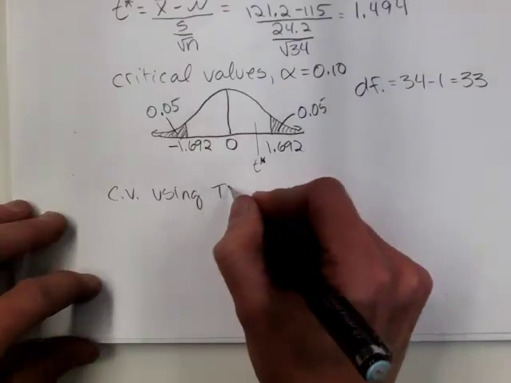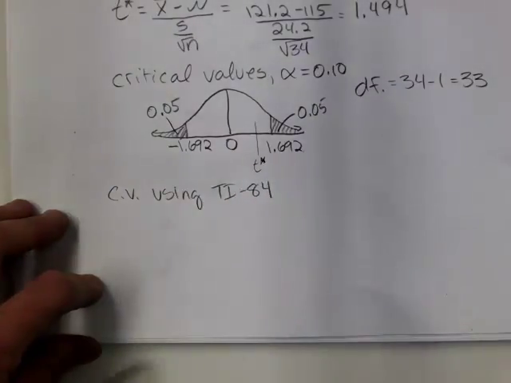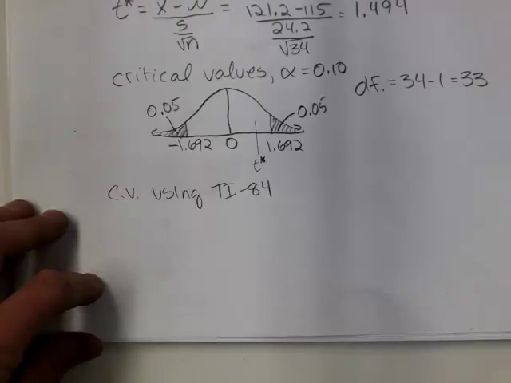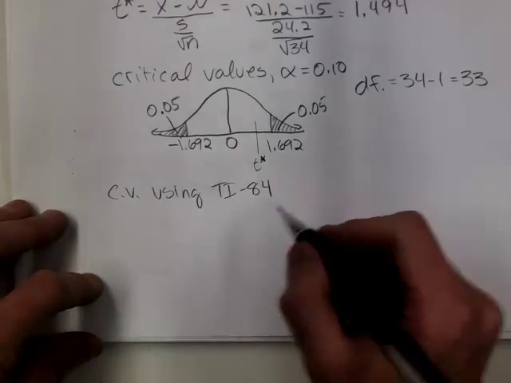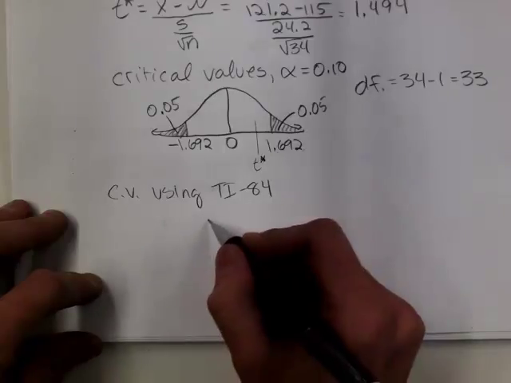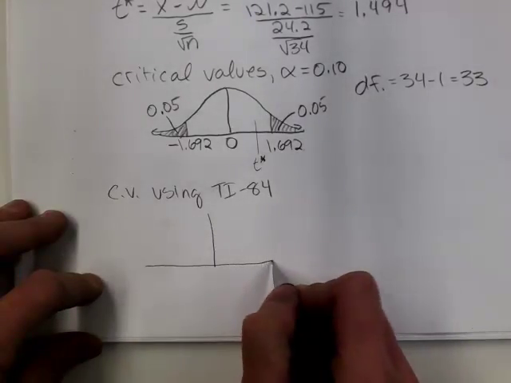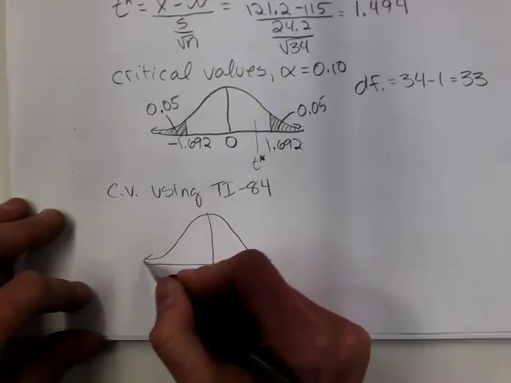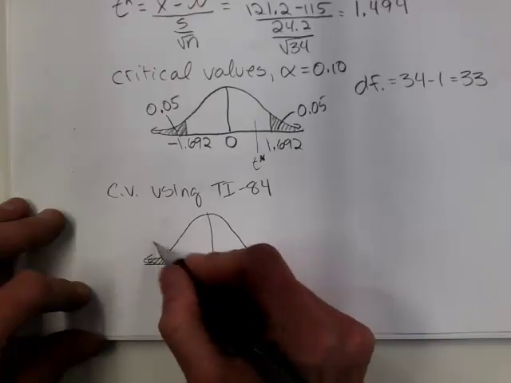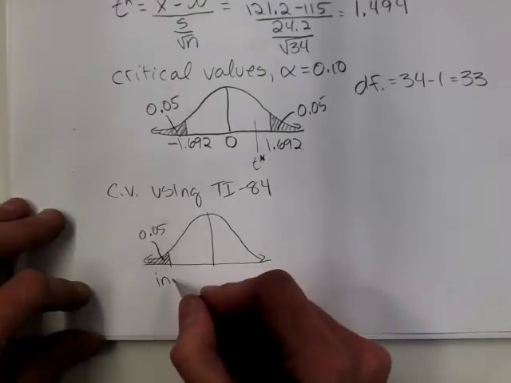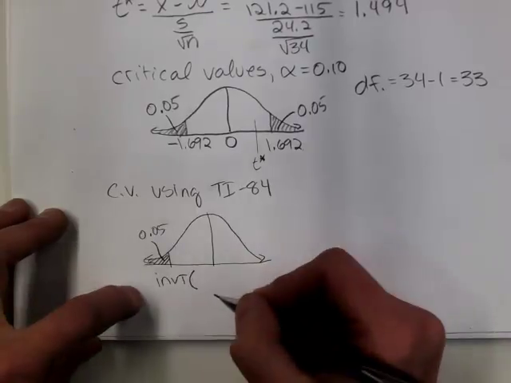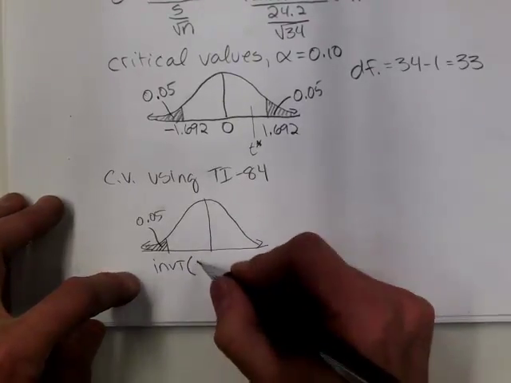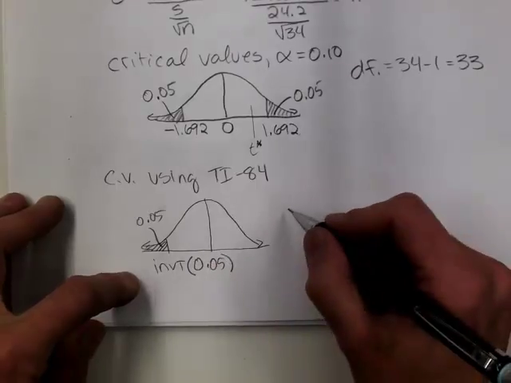To get the critical value using the TI 84, very similar to the process I went over for the Z distribution, it's expecting a cumulative area as its input. So I can do this two ways. I could find the lower one first, by using inverse T, which is in your distribution menu in the calculator, of 0.05.